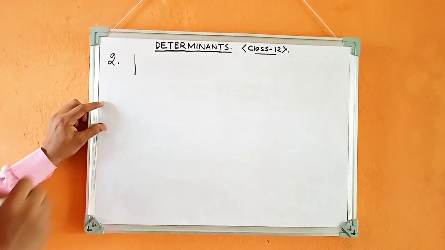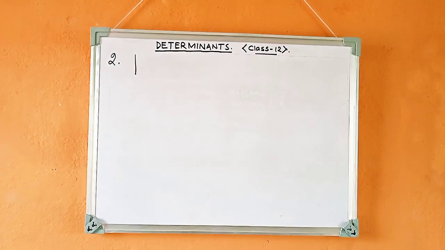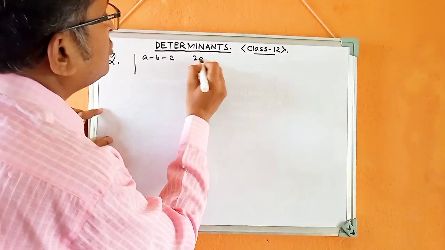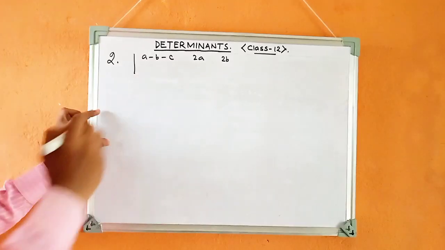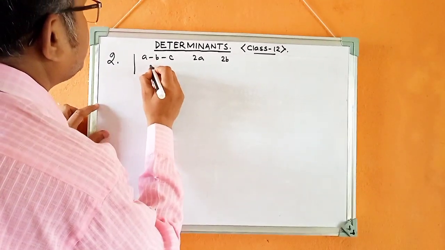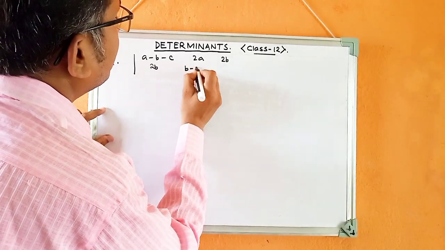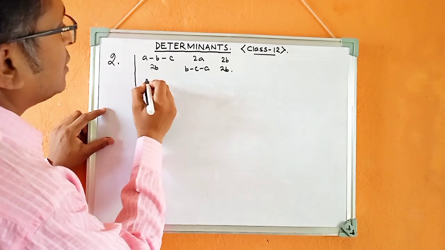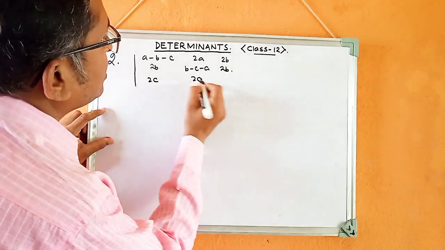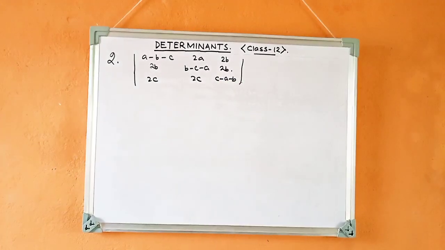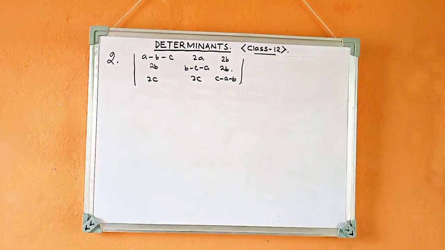By using property, the determinant: a minus b minus c, 2a, 2a; 2b, b minus c minus a, 2b; 2c, 2c, c minus a minus b. Solve the determinant by using property. Now see how to solve this.